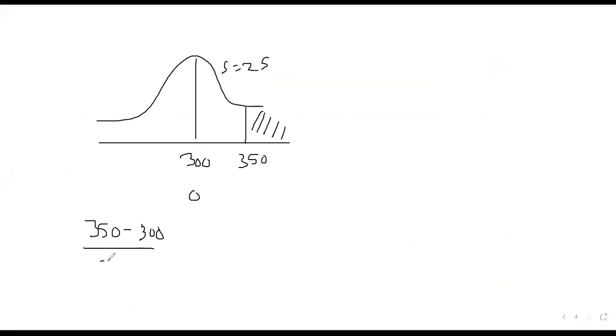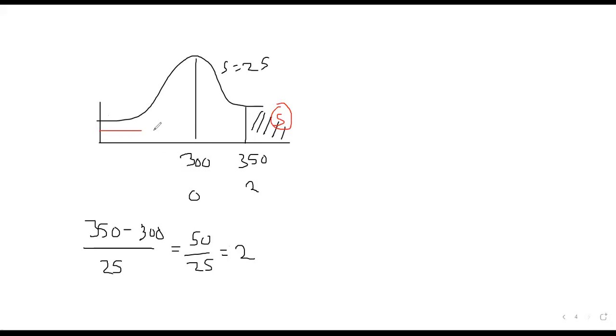So 350 minus 300 is 50, over 25, which is a 2. So this is a 2 there. Now, the procedure is you need to apply this. The shading you're seeing here is a small shading. Whenever the shading is small, subtract from 1.